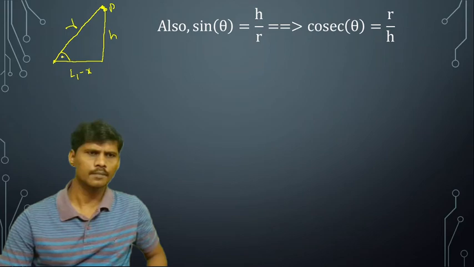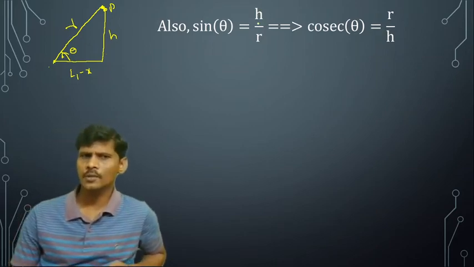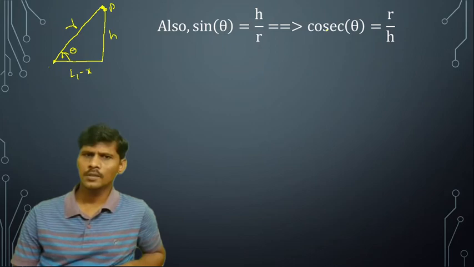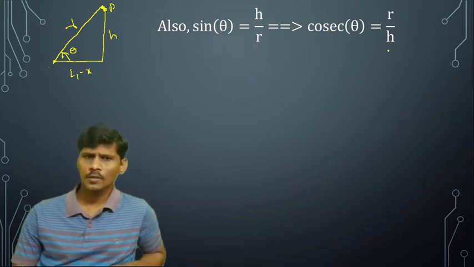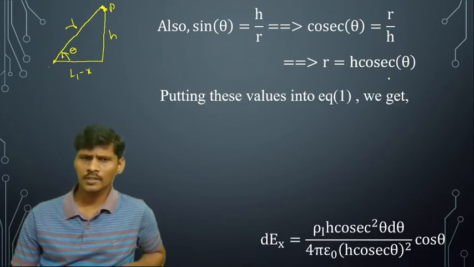From this figure, sin theta is equal to opposite side by hypotenuse, so cosecant theta is equal to r by h. Taking the cross multiplication, r is equal to h cosecant theta.